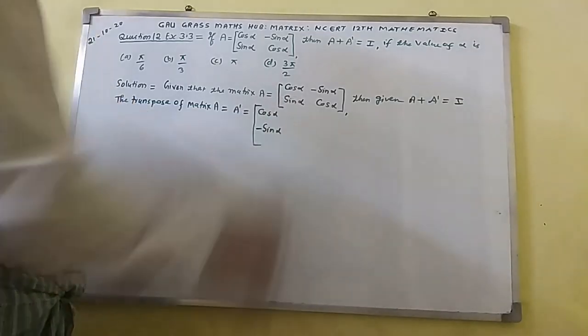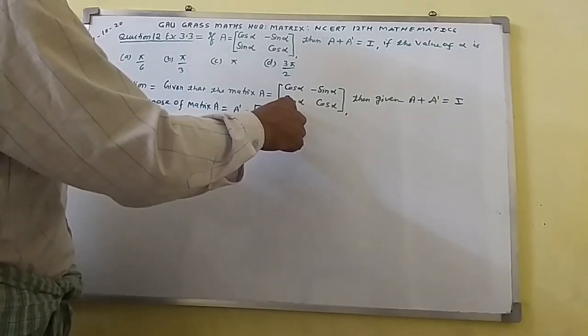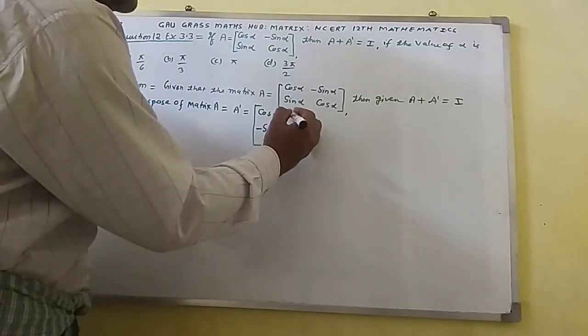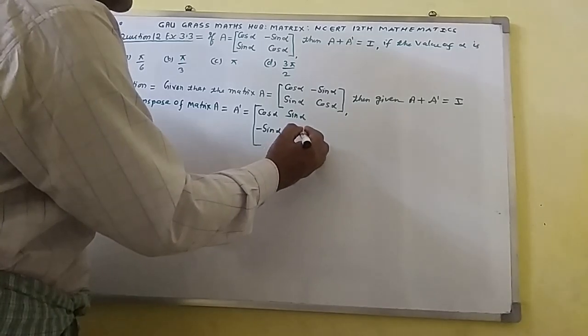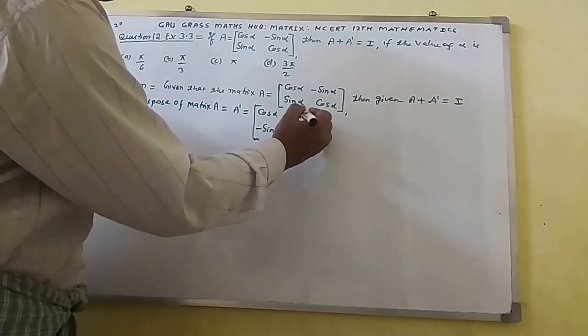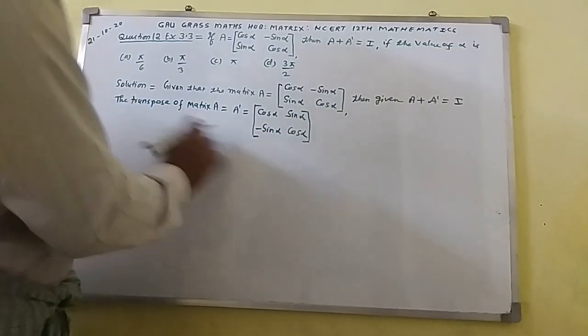This is the second row, so the second row will become the second column. So I shall write sin alpha, cos alpha. Closing of square bracket.